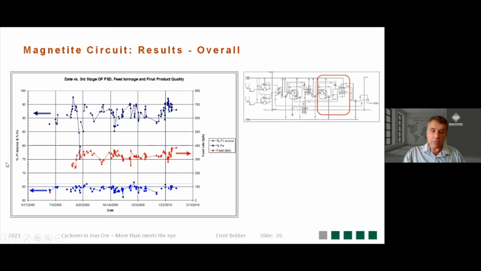That became a problem because the thinking was, how are we going to get to the 66%? The feed rate was still increasing to the 400 mark, and then the minus 71 micron was slowly being increased to improve on liberation.